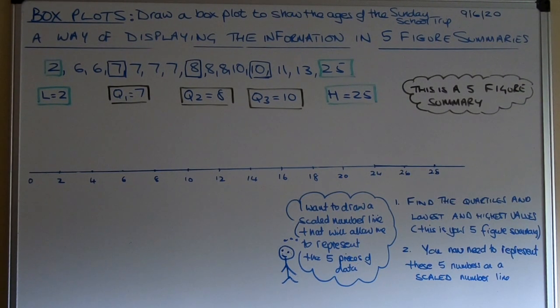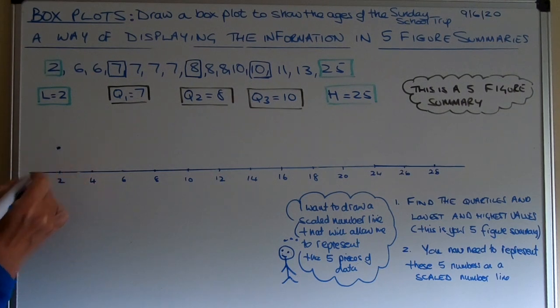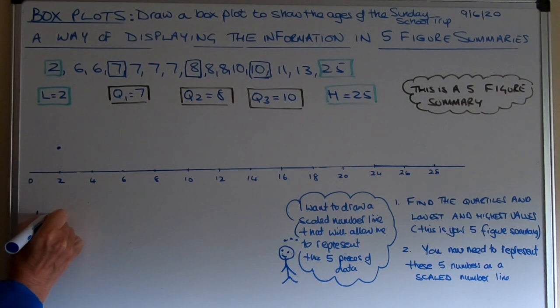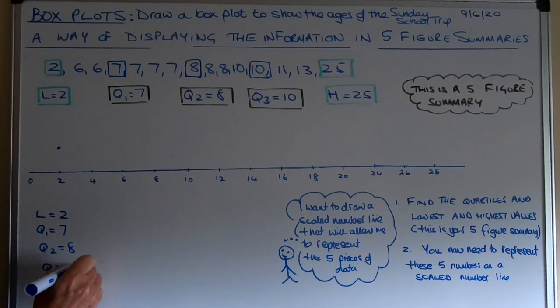So L equals 2, let's put them on to the number line. L equals 2, Q1 equals 7, Q2 equals 8, Q3 equals 10, and H is equal to 25. So I'm going to put these on this number line.